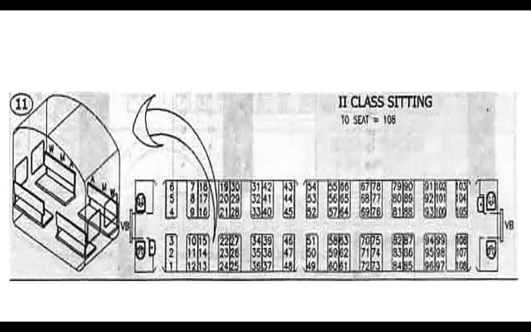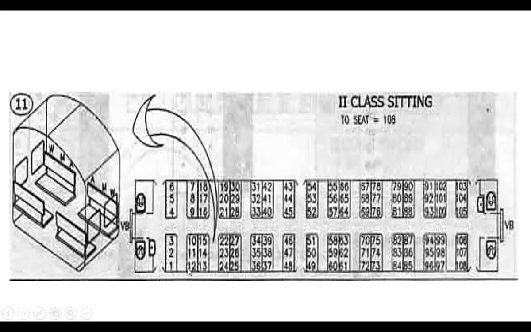Okay, so in this image, if you see this particular first column of the window seat, opposite to 1 is 12, opposite to 13 is 24, opposite to 25 is 36, similarly 61 opposite 72, 85 opposite 96, 97 opposite 108.